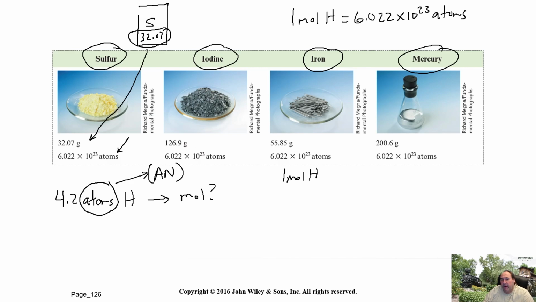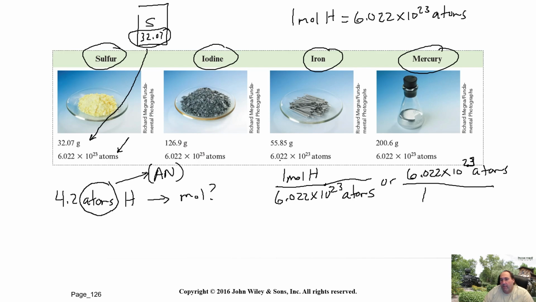So I'll rewrite it here. 1 mole of hydrogen is 6.022 times 10 to the 23 atoms. Or we could put Avogadro's number up on top, 6.022 times 10 to the 23 atoms is 1 mole of hydrogen.